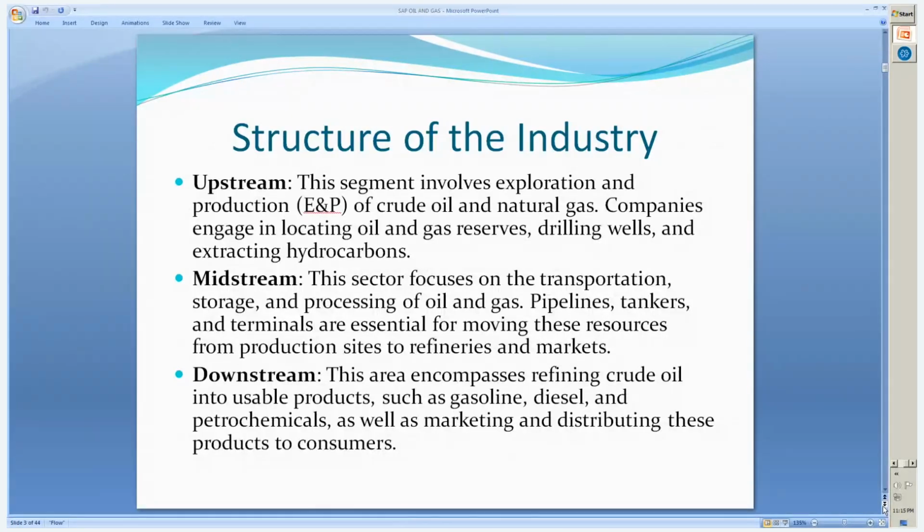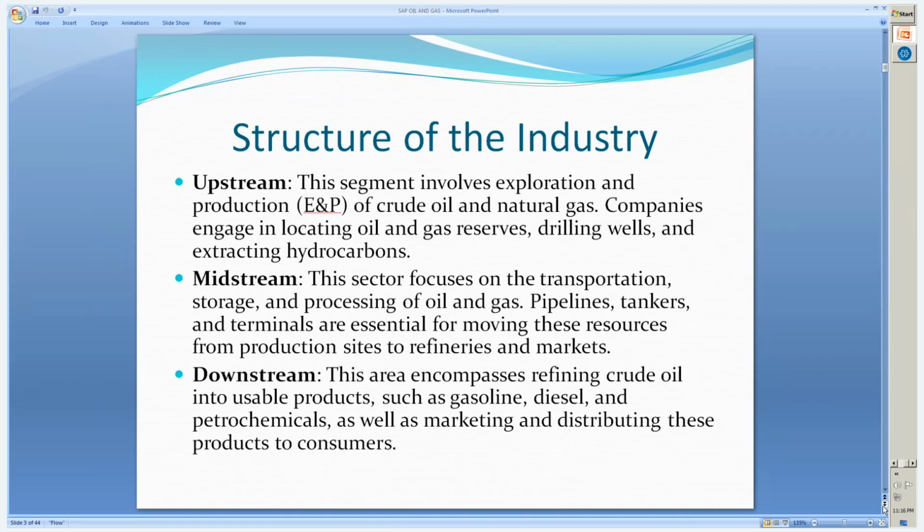The midstream is the part of the oil industry that focuses on the transportation, storage, and processing of oil and gas. This basically involves taking the crude oil from the upstream companies and providing transportation facilities in the form of pipelines, tankers, and terminals, so that the initial product obtained in the upstream is delivered to the refineries, because refineries require the crude oil.